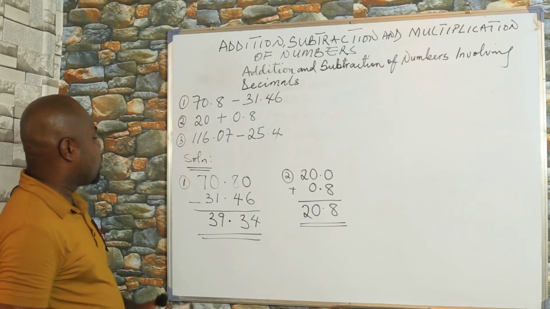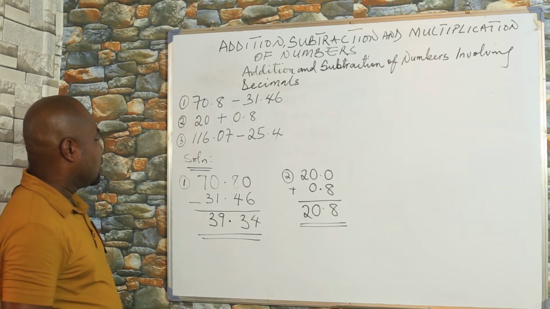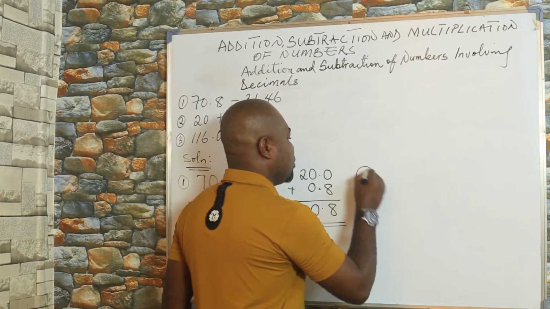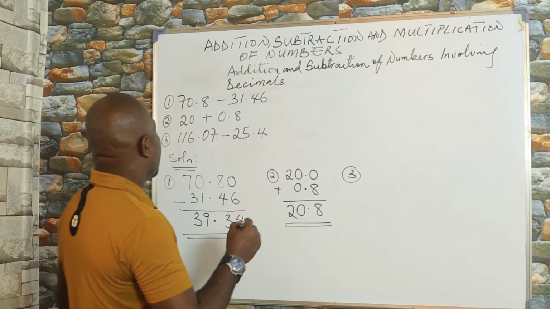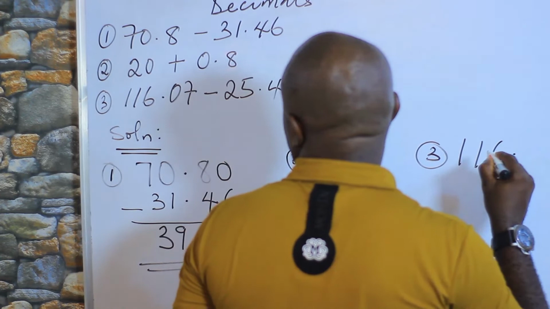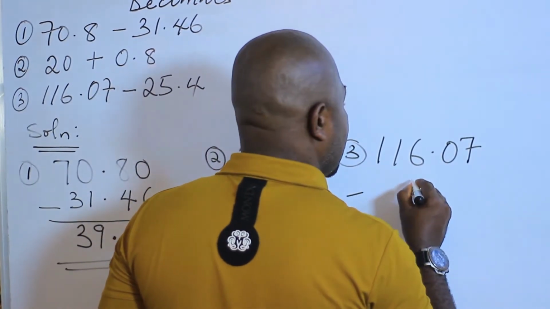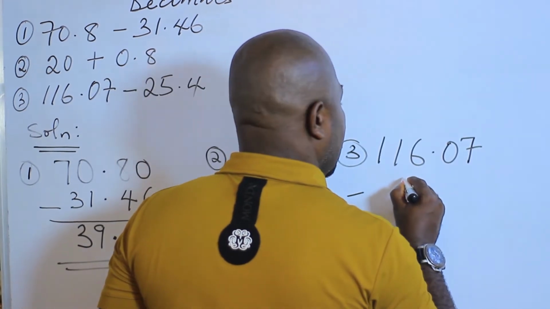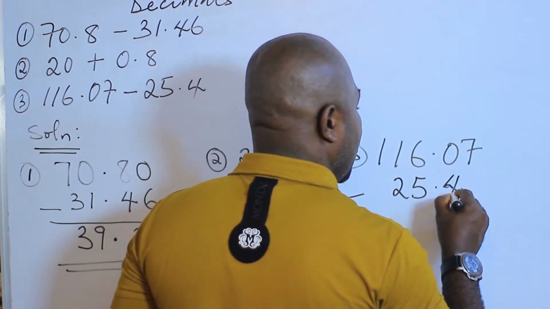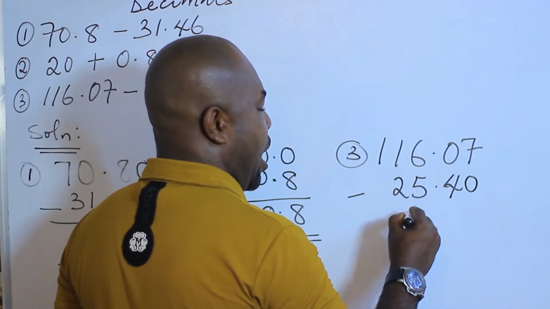Now, this has to do with subtraction of numbers. Number 3. 116.07 minus 25.4. We assume again, because of this 7, 0 should be here.